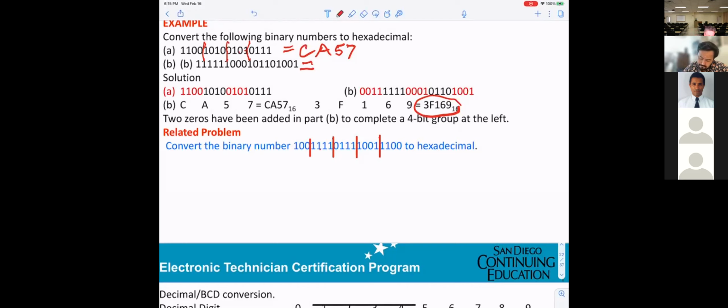Okay, the answer will be 4, F, 7, 9, C. All right, correct. Make sure everyone gets that number.